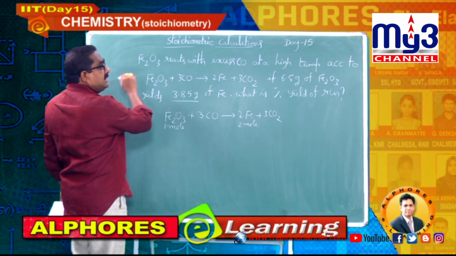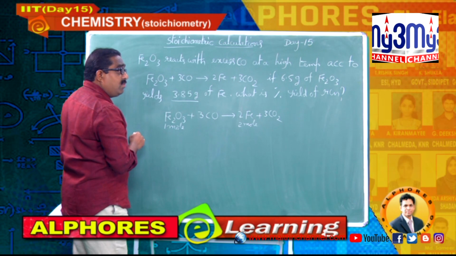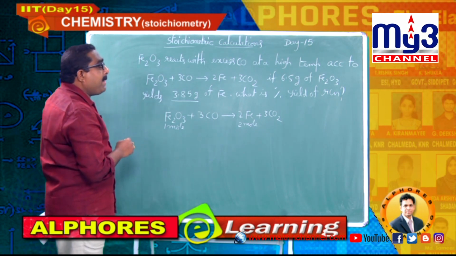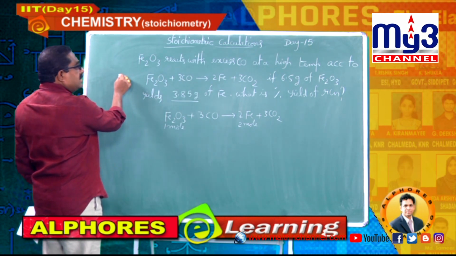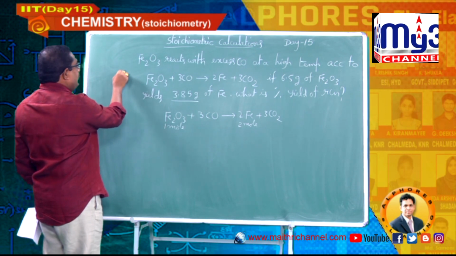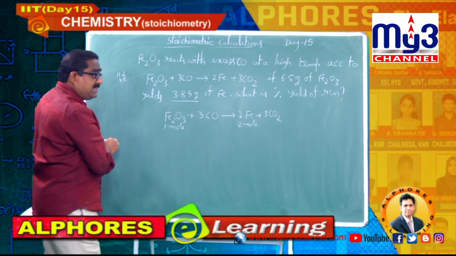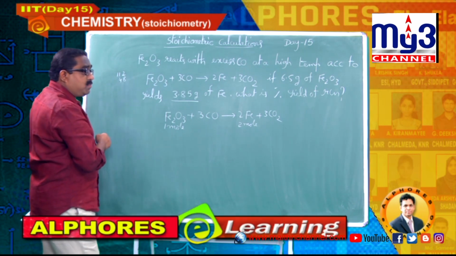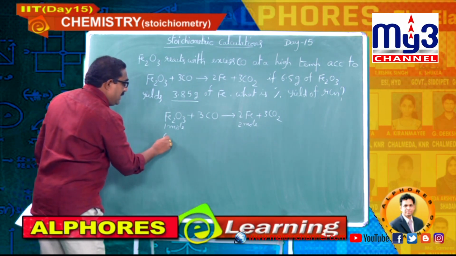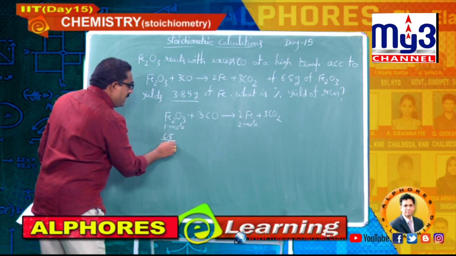But this time he has given only 6.5 grams of Fe2O3. Let me calculate the molar mass of Fe2O3: iron 56 times 2 is 112, and 3 times 16 is 48, that is 160.